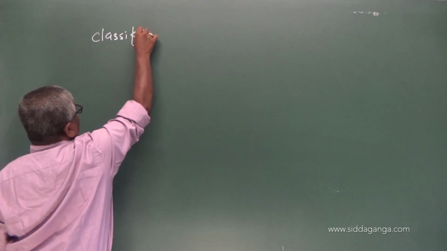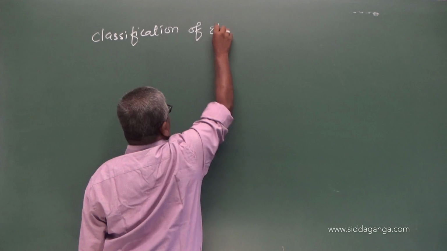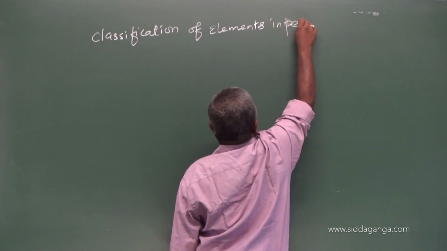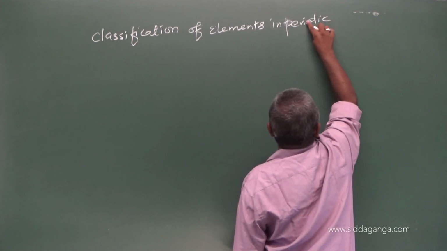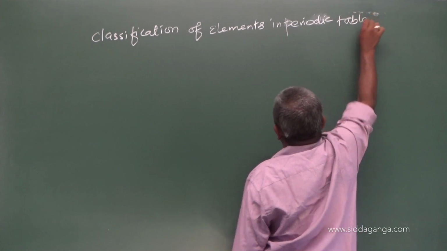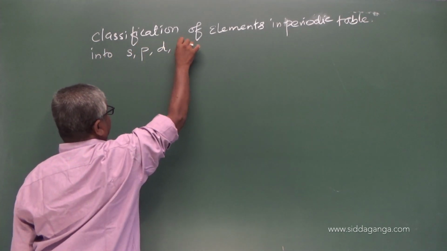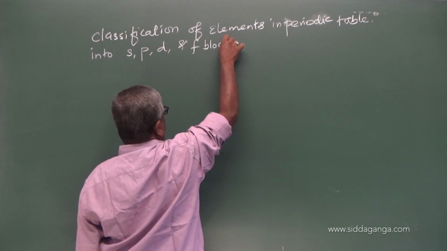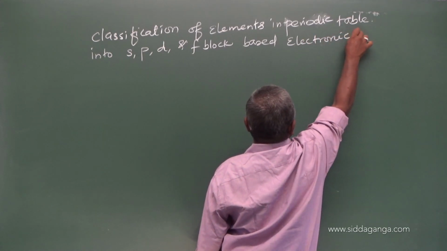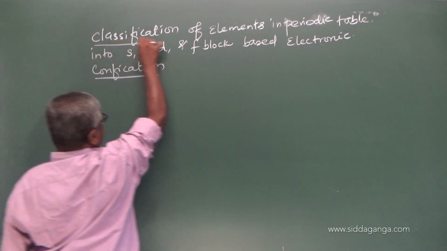In part 2, we are now seeing the classification of elements in the periodic table into S block, P block, D block and F block, based on electronic configuration.